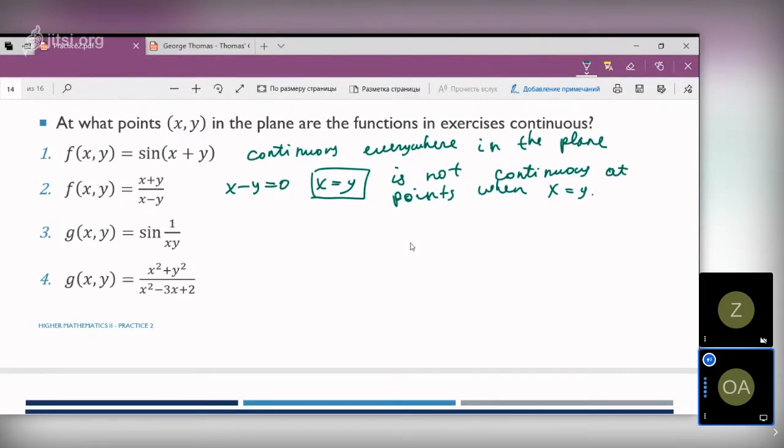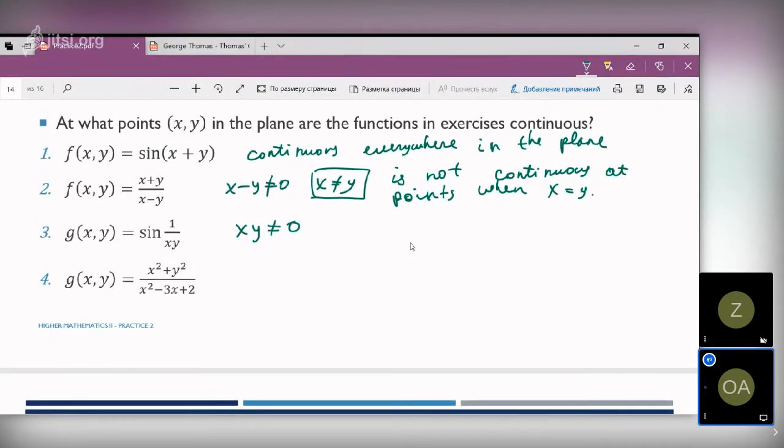And the third one says g of xy equals to sine 1 over xy. It's similar with the first and second exercise because we have sine and also fraction. So we know sine function is continuous everywhere, but we cannot say about this expression in the argument of the sine. So 1 over xy, this is a fraction, so its denominator should not be equal to 0.